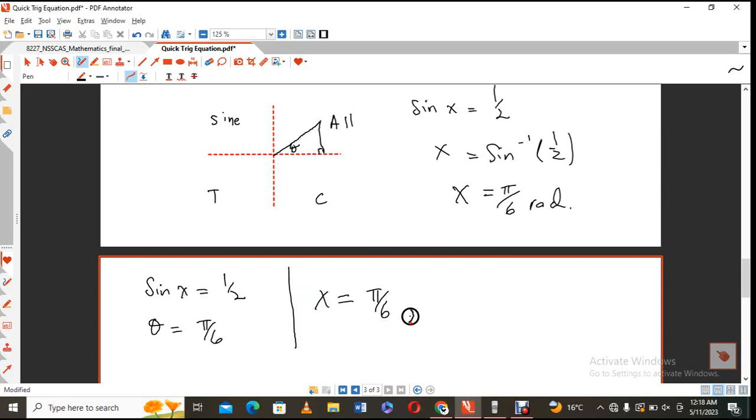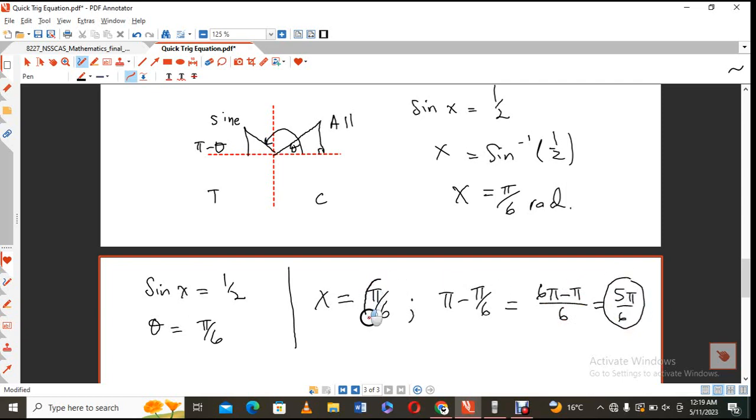In the second quadrant, this angle is this whole obtuse angle here, so it must be pi minus our angle. In our case, one of the solutions would be pi minus pi over 6, which gives 6 pi minus pi over 6. So the answer is 5 pi over 6. This is one solution when sine is positive.